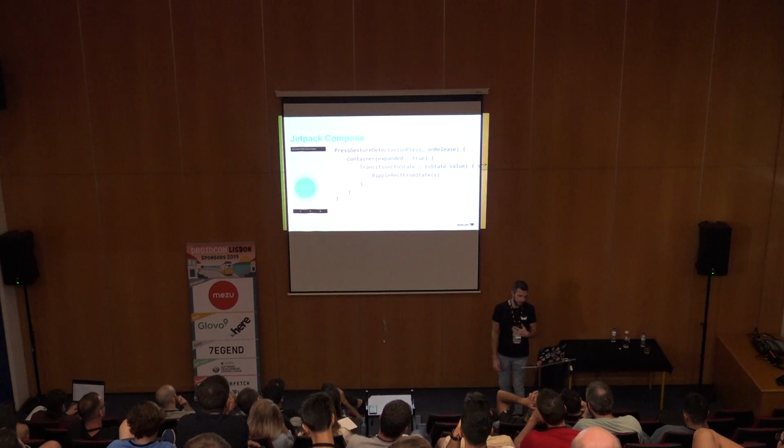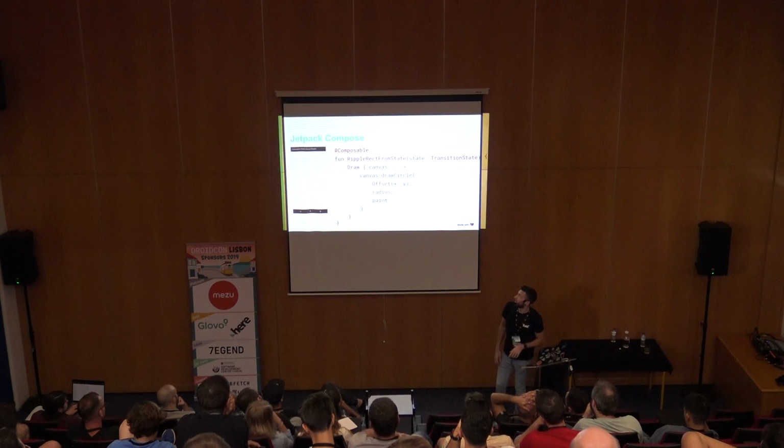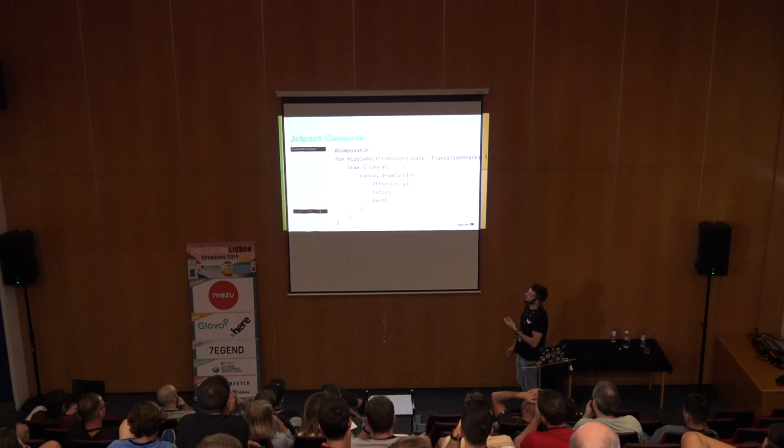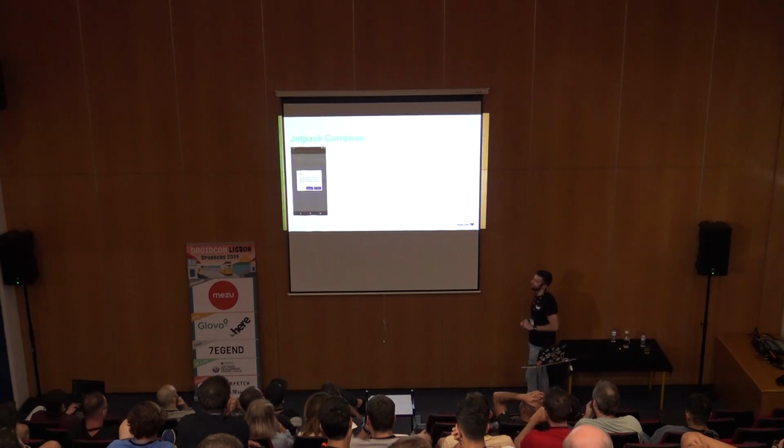This state will recompose the drawing on the canvas whenever it's updated. But in the end, what's going on? It's just drawing a circle, providing an offset, a radius, and the paint to draw it with. Now, dialogs. Dialogs are quite a complex component.